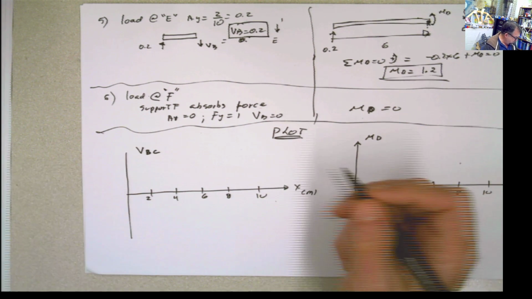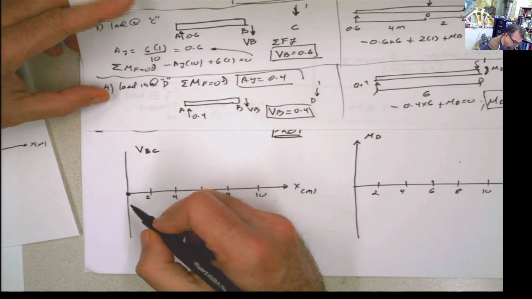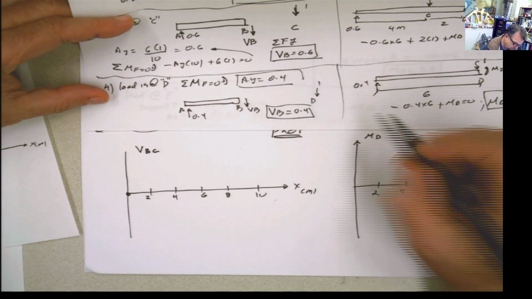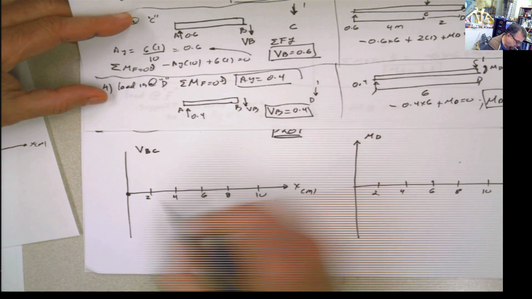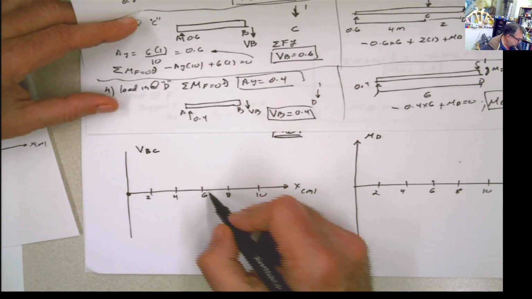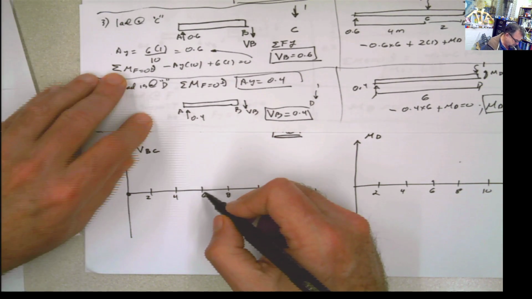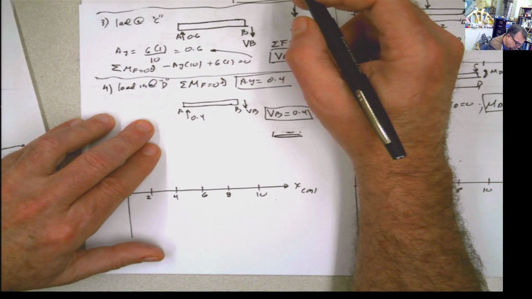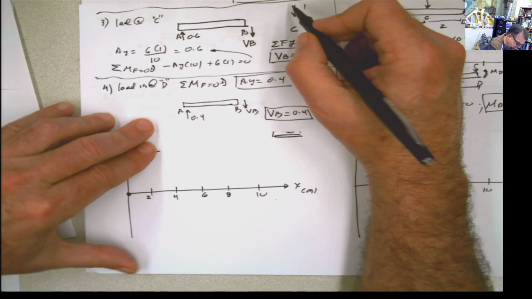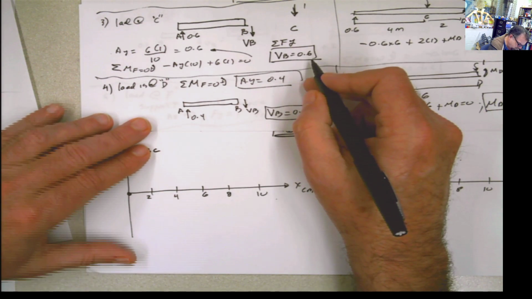And now we start plotting the values. For 0 is 0. The maximum here is at D, 2.4. Or you can put letter C if you want to, but the letter D is at 6, so it's going to be here. So this is negative 0.2, 0.6, and negative 0.2.